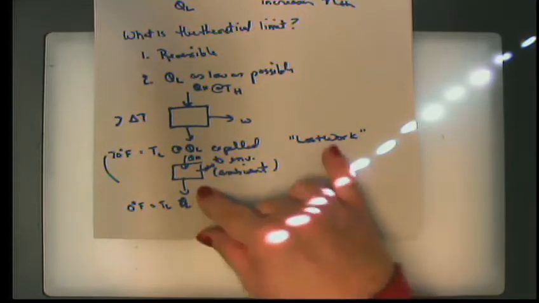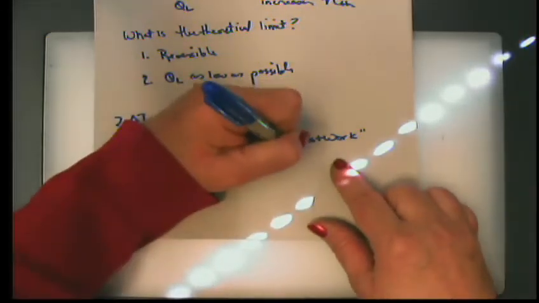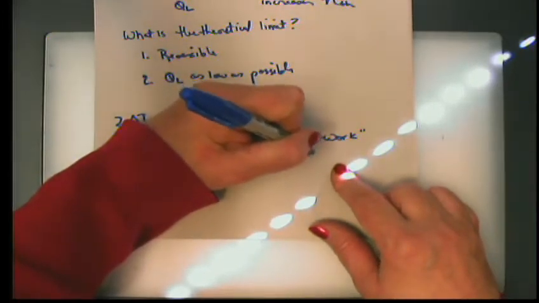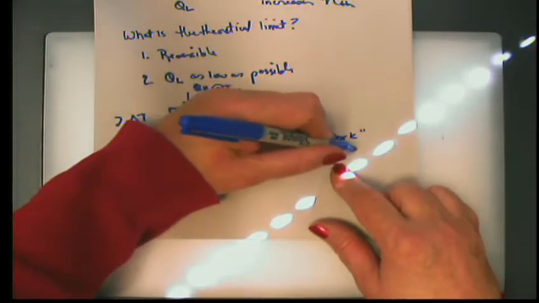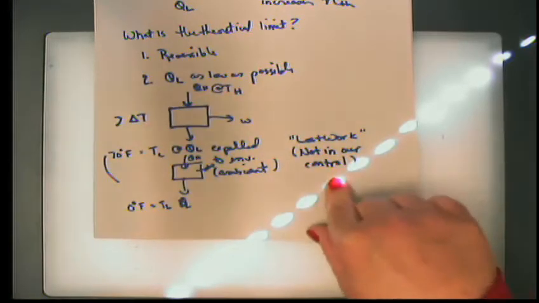So this is one place that we lose work, and there's nothing that we can do about that. So it's not really lost, but this is not in our control, because the temperature of the environment is what the temperature of the environment is.